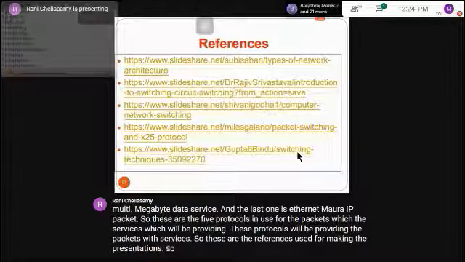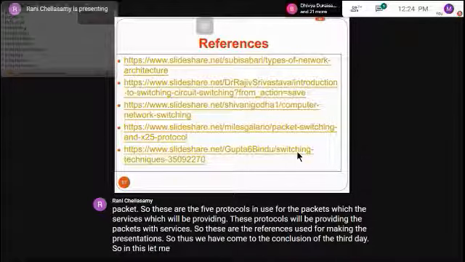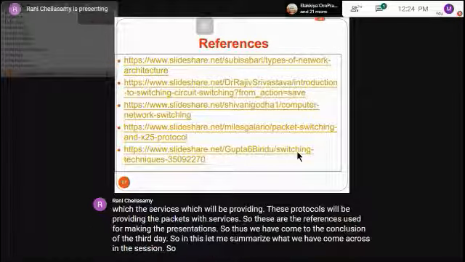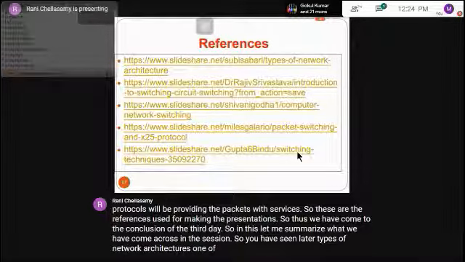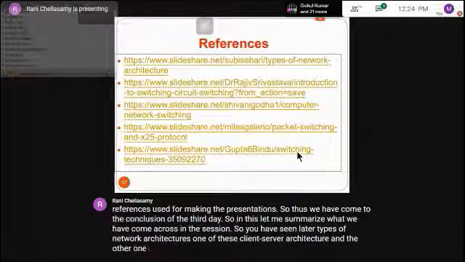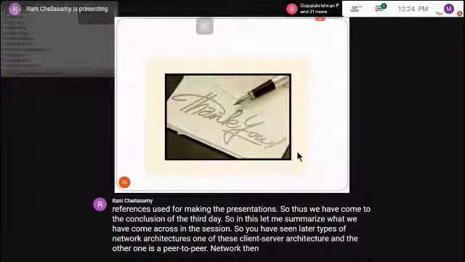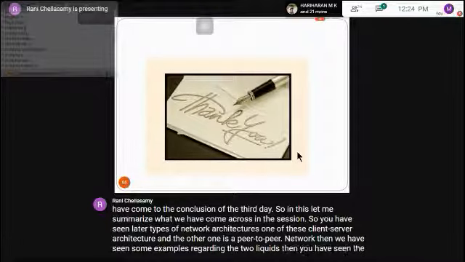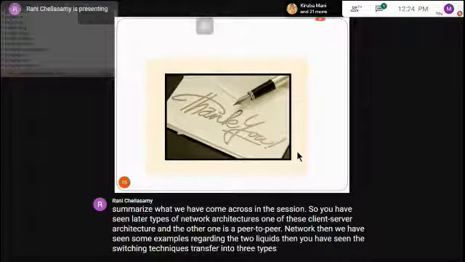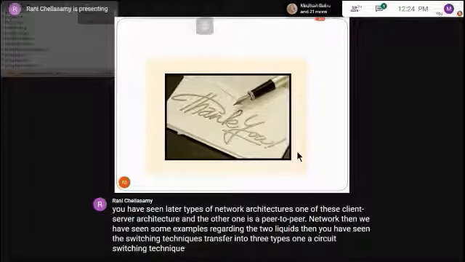Thus we have come to the conclusion of the third day. Let me summarize what we have covered in this session. We have seen 2 types of network architectures: the client-server architecture and the peer-to-peer network, with some examples of both. Then we saw the switching techniques clustered into 3 types: circuit switching, packet switching, and message switching.